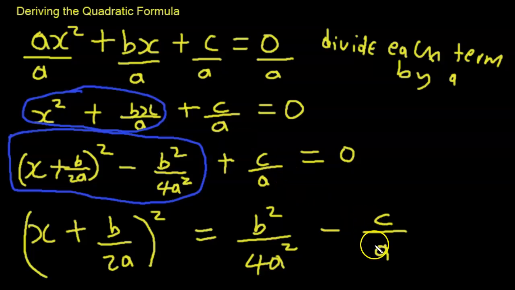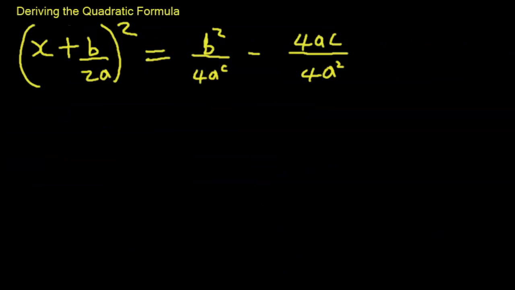And then remember, for us to be able to subtract these two fractions, we need to have the same denominator. So we can make this denominator be 4a squared. And how can we do that? Multiply a by 4a. And for the fraction to remain equivalent, we also need to multiply the c by 4a. So numerator and denominator by the same 4a. So we have an equivalent fraction there. And therefore that last term on the right hand side will be c times 4a, so 4ac, and a times 4a, that's 4a squared.